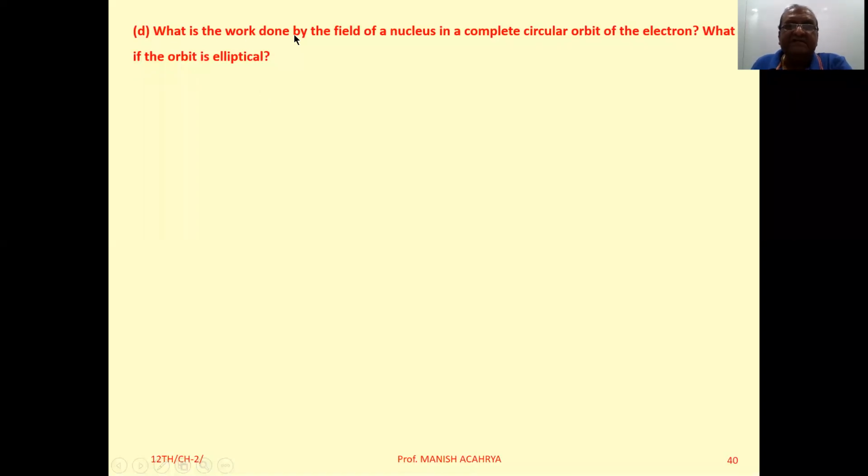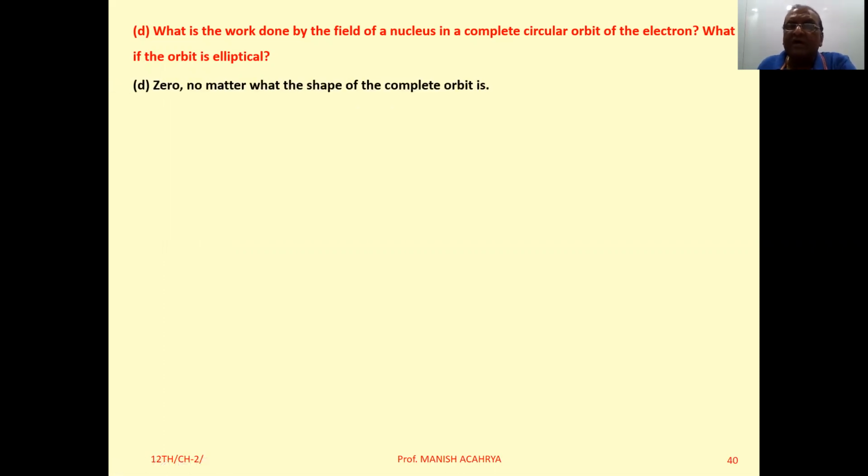D. What is the work done by the field of the nucleus in a complete circular orbit of the electron? What if the orbit is elliptical? So work done will be zero, because work done does not depend on the path, it depends only on the initial and final position.